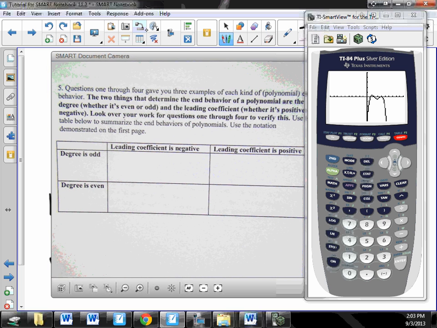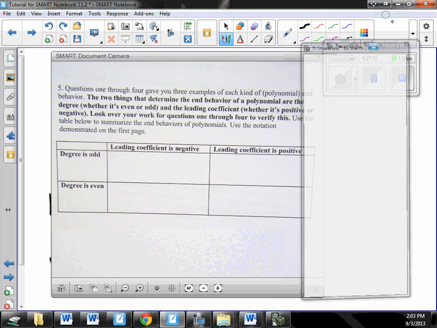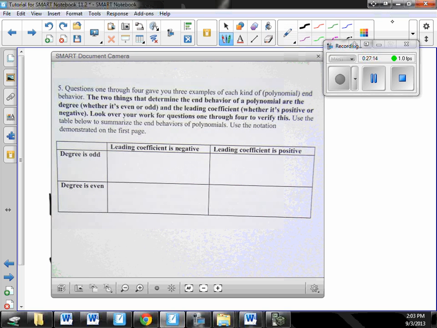Questions 1 through 4 gave you 3 examples of each kind of polynomial and behavior. The two things that determine the behavior of a polynomial are the degree, and the degree is the biggest exponent, and the leading coefficient, meaning the number in front, if it's positive or negative. Use the table below to summarize the end behaviors of polynomials.